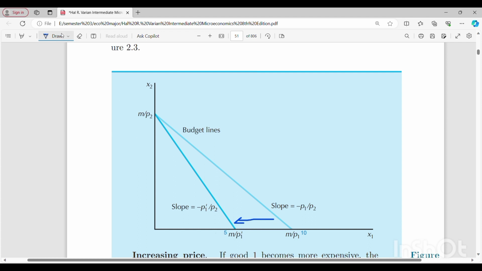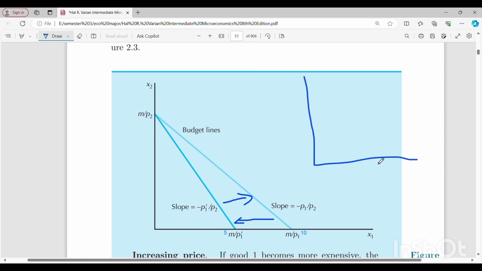And when the price is increased, it will be flatter. Okay, so that is the case with good 1, and the same applies for good 2. When the price is increased, it will make the budget line steeper. When the price is decreased, it will make the budget line flatter.